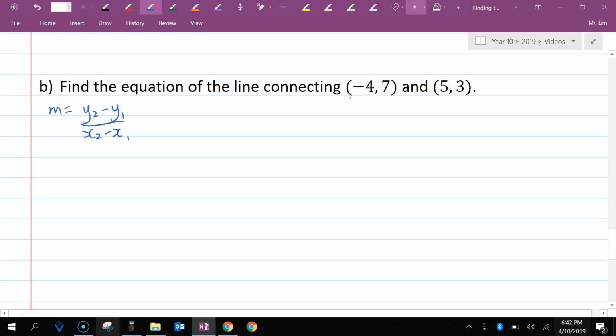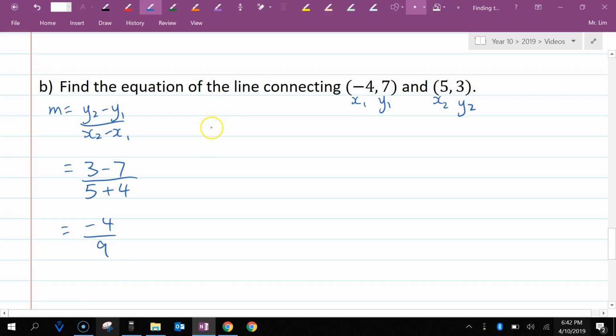So we're going to label this x1, y1, x2, y2. Y2 is 3, we're going to minus y1, which is 7, x2 is 5, we're going to minus x1, which is -4, so it's going to become plus 4. So we have -4 over 9, and that is our gradient.